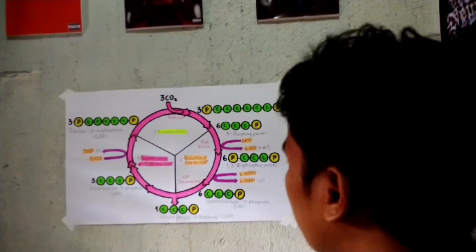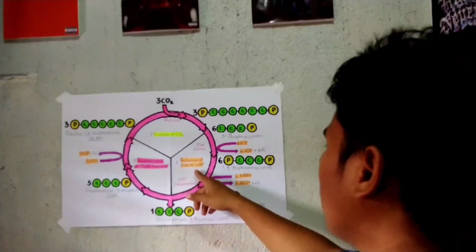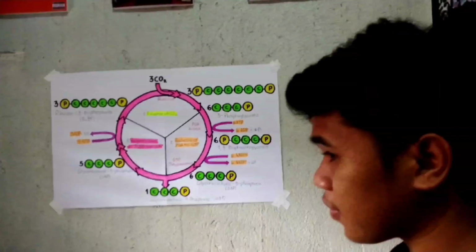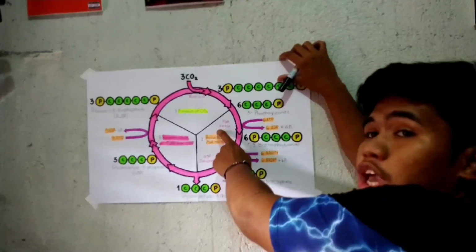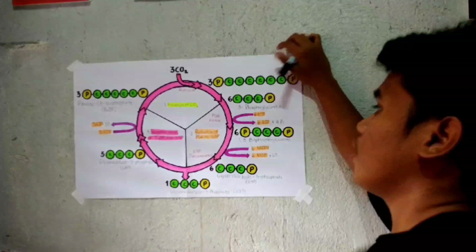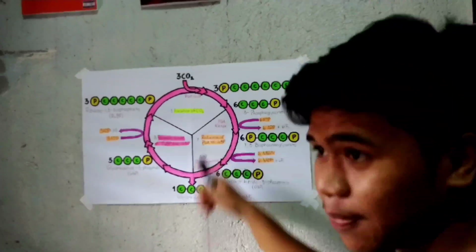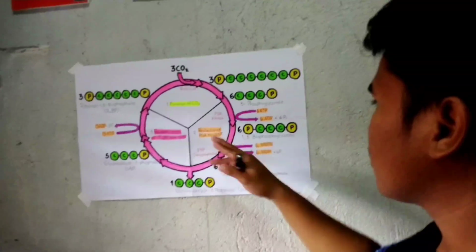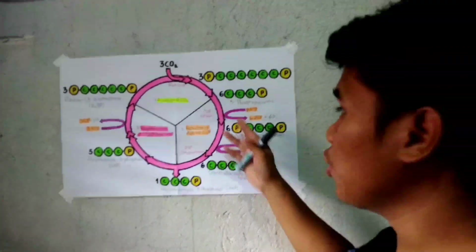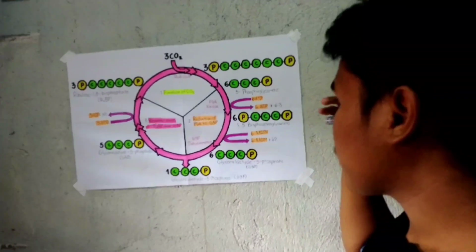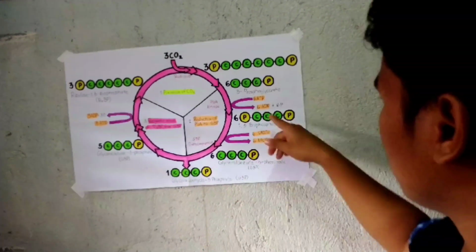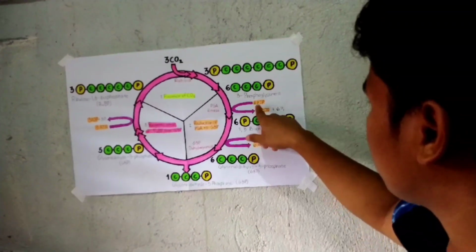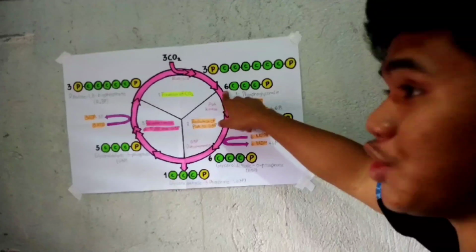Next we move on to reduction of PGA to G3P. As you can see here, we have a PGA kinase. PGA kinase is an enzyme that catalyzes the transfer of phosphate to a molecule. In this process, we need 6 ATP since we have 6 PGA.